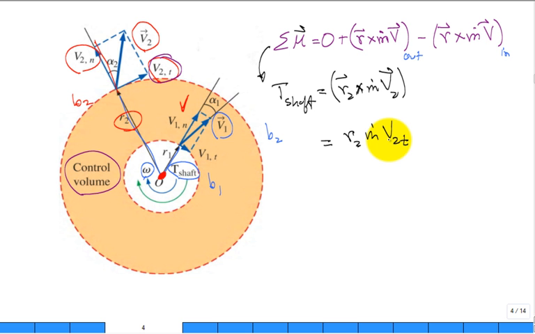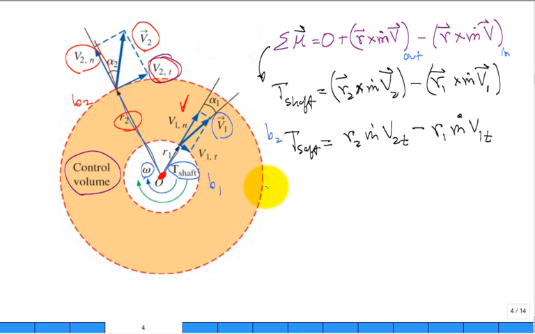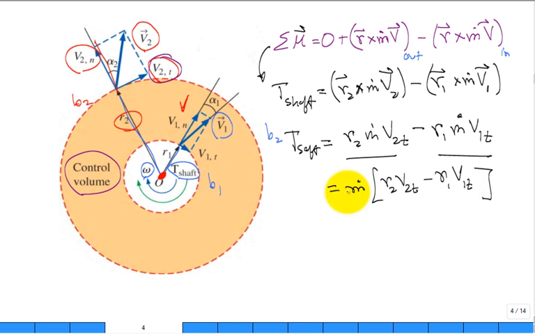That makes sense? Similarly over here we have R1 cross m dot V1, and that just boils down to R1 m dot V1 tangent. So the torque that the shaft has to supply is equal to this minus that. Or you can pull out the mass flow rate, and it's just R2 V2 tangential minus R1 V1 tangential.